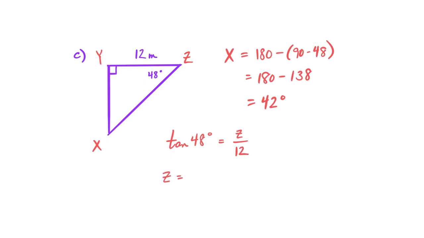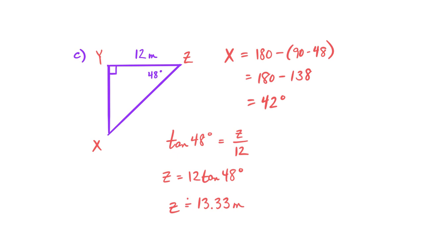Okay, I can multiply out my 12. And now, same thing, no rounding rules, round my sides to 2 decimal places. And when I do that, I'm going to get approximately 13.33 meters.